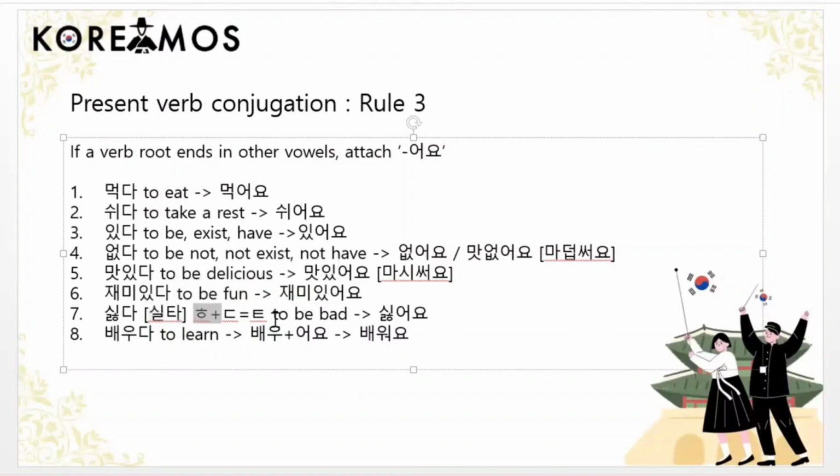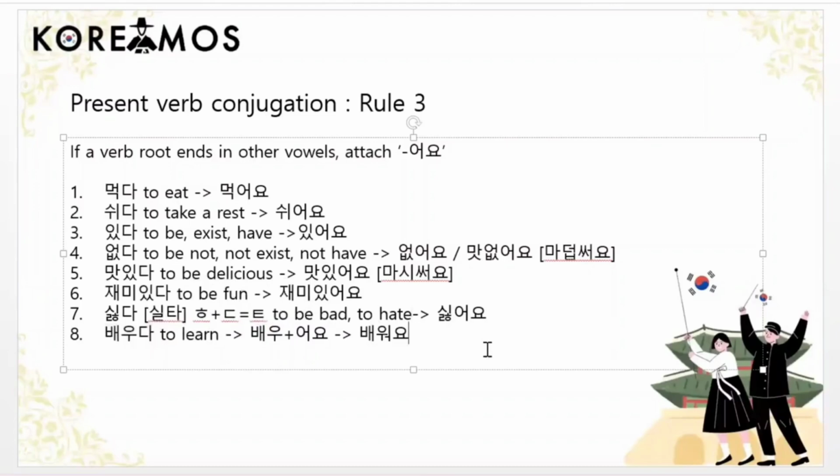When this final consonant meets this one, it's pronounced t. So it's the same, 싫다, 좋다, 싫다. 싫다 means to be bad. 싫어요 is it's bad, or sometimes it means I hate it. 싫다, 싫어요. Oh, I don't like it, like this. So to be bad or to hate.